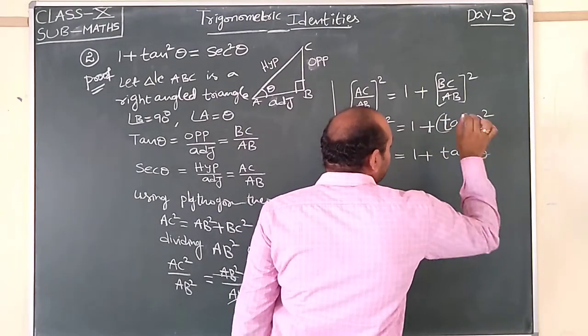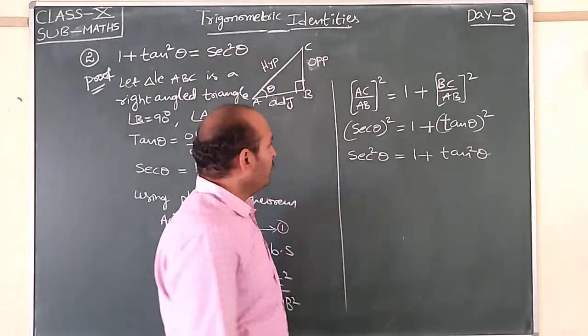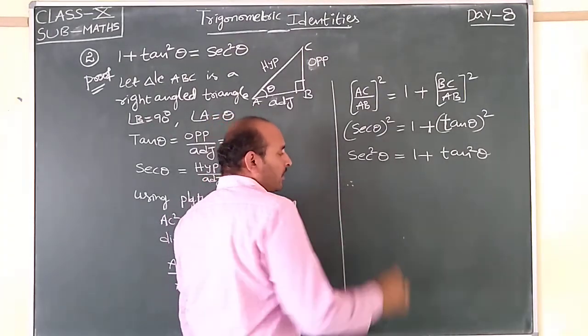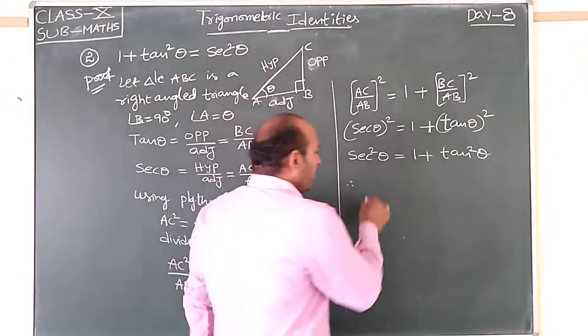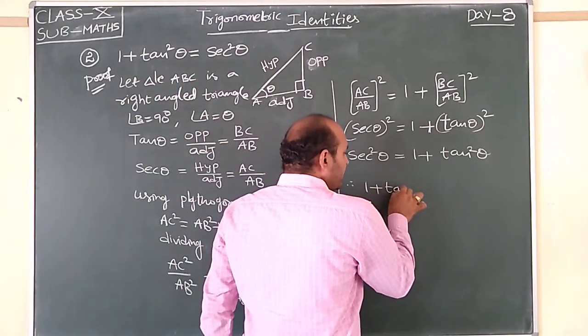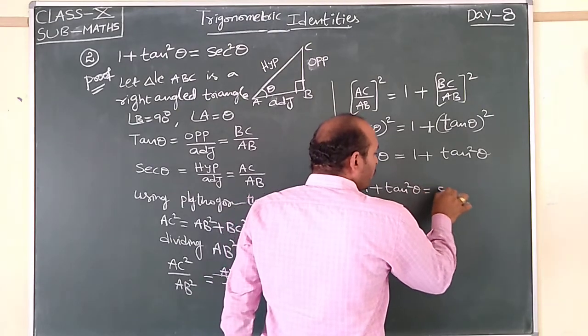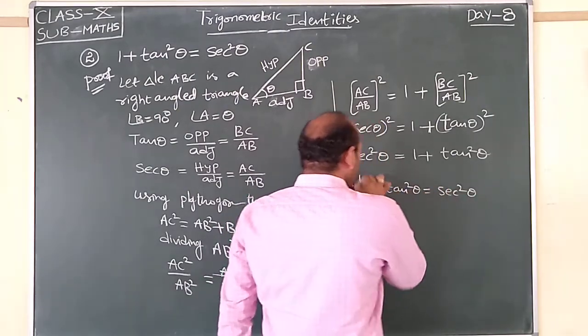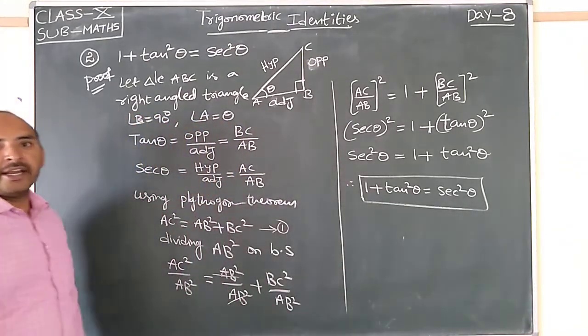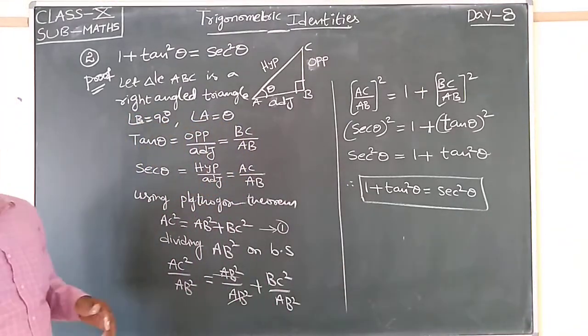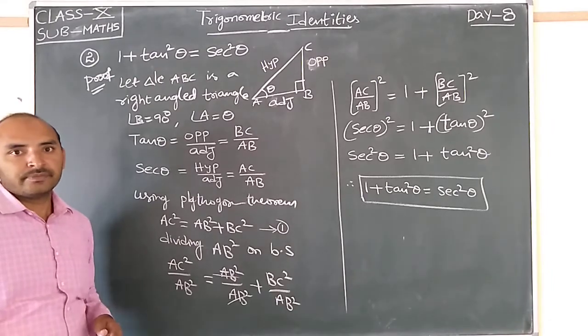Therefore finally we can write the conclusion: 1 plus tan square theta is equal to secant square theta. This is the second identity of the trigonometric functions.